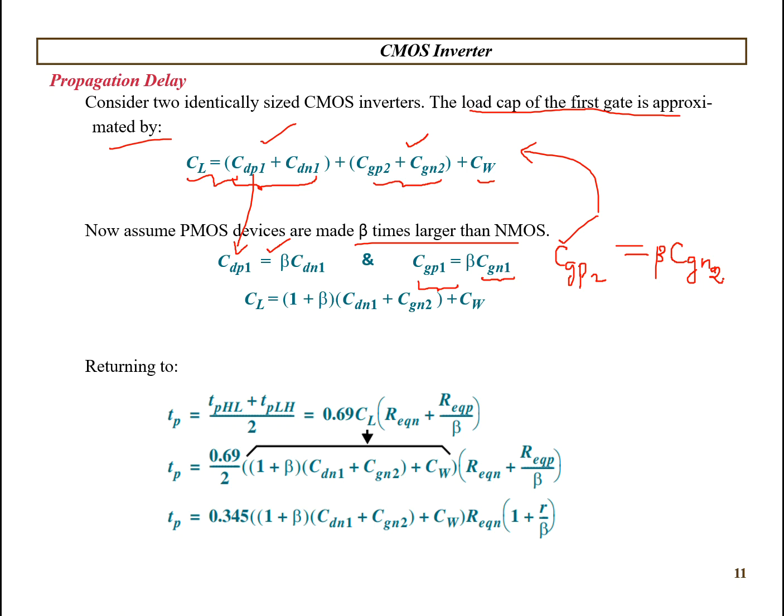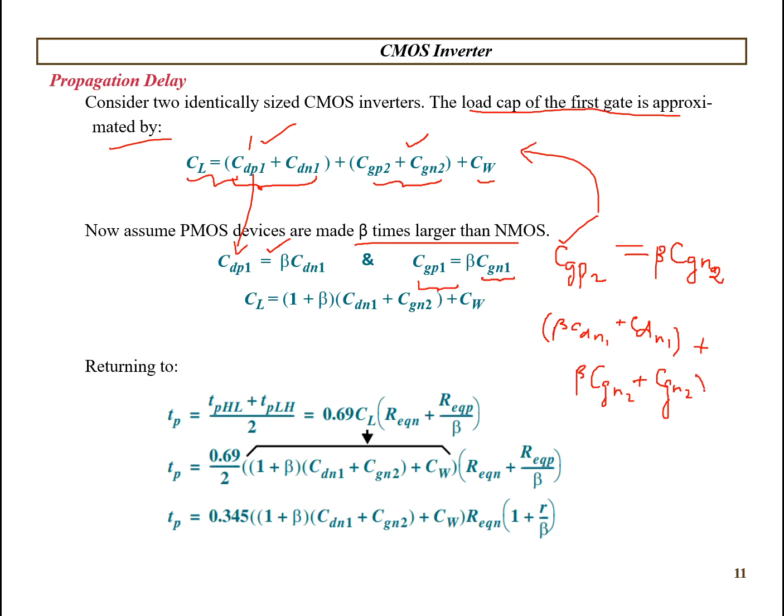So if you substitute in the above load capacitance equation, you get beta into CDN1 plus CDN1, and beta into CGN2 plus CGN2, which is already there in the equation.